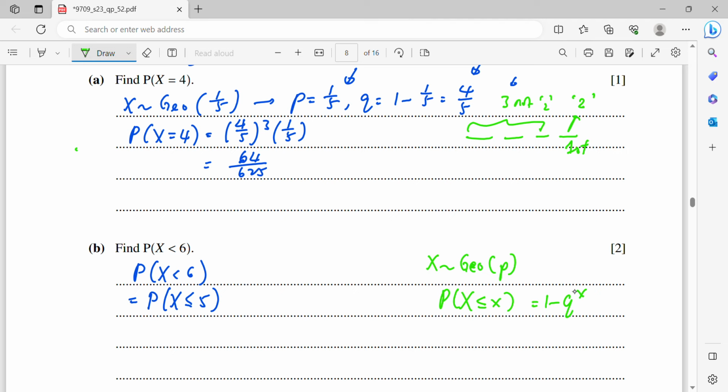This is the formula. So from here I will just directly apply. So it will be 1 minus q. My q is 4/5 from the previous working. So 1 − (4/5)^5. Then you will get 2101/3125 in fraction.